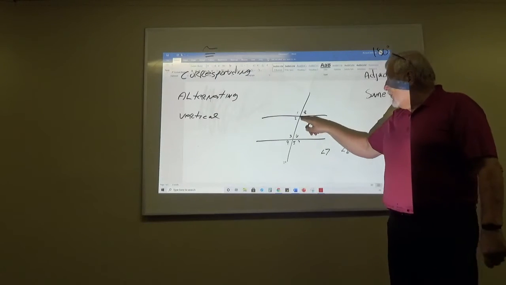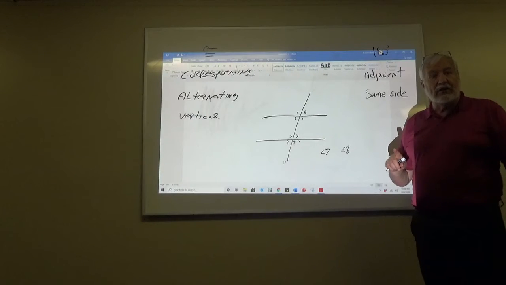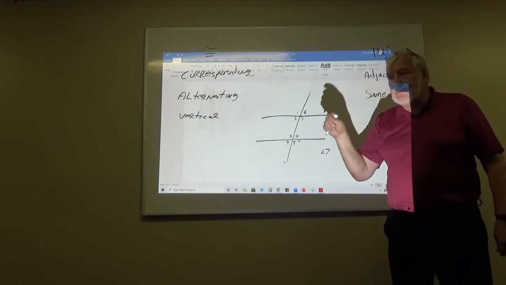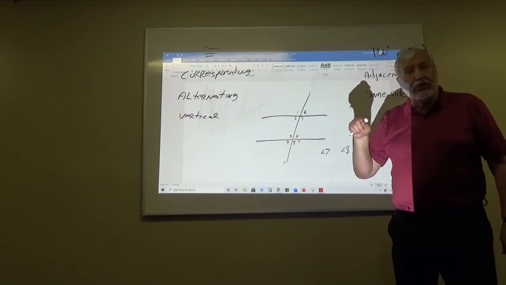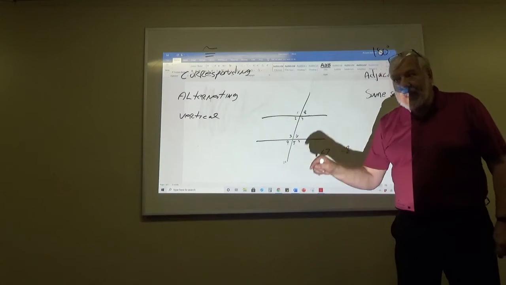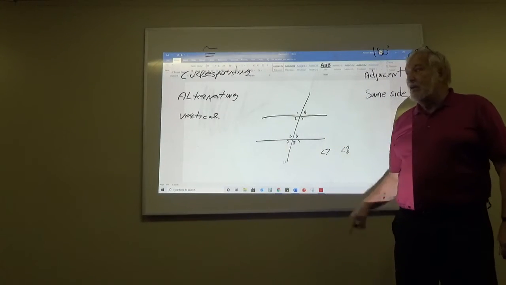Now, what do I know about 2 and 8? They're vertical angles. What equation do you write for 2 and 8? Angle 2 equals angle 8, because the measurements of these two angles are equal to each other. They're congruent.